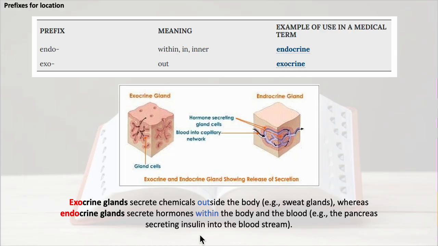So in response to increased blood sugar levels, insulin will be secreted from the pancreas into the blood in order to initiate the uptake of glucose from the bloodstream into our body's cells to be able to use that glucose as sugar for energy. So opposite meanings here, endo referring to within or inner, exo being out.